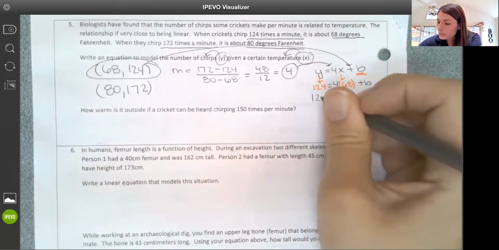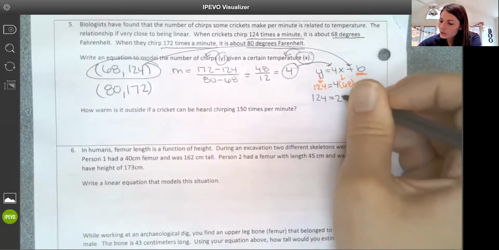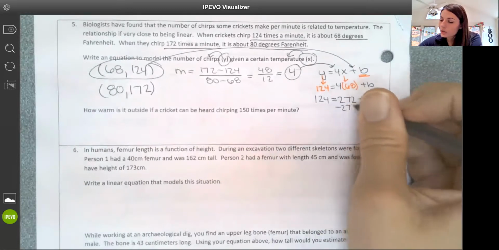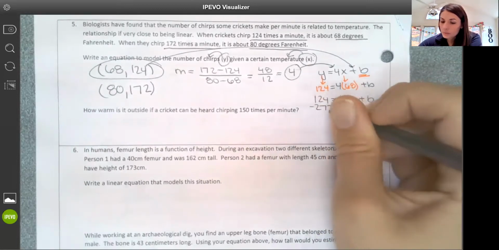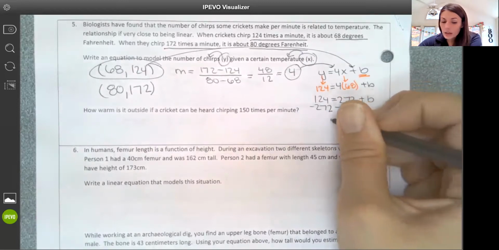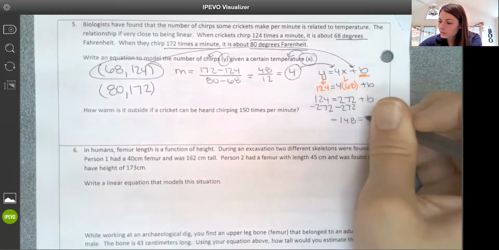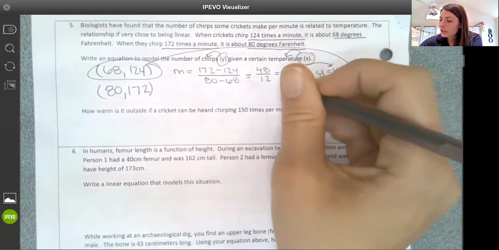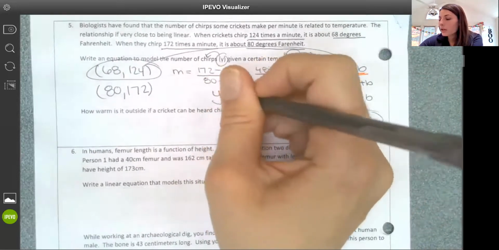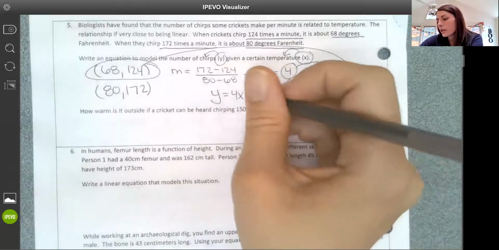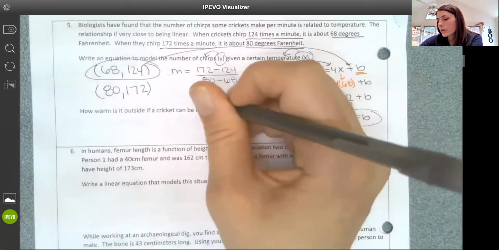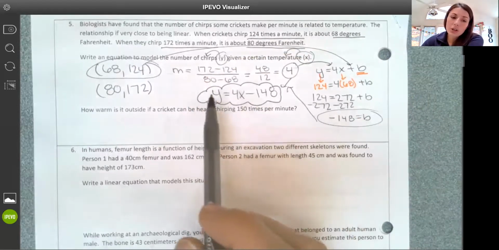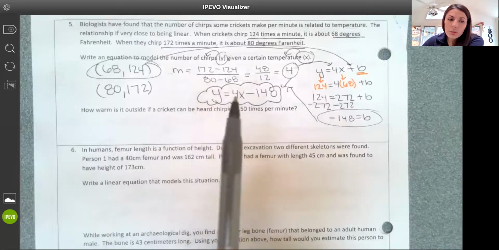So 4 times 68 gives me 272, and subtracting 272 gives me negative 148. And I can take B and M and put it together in an equation that looks like this.